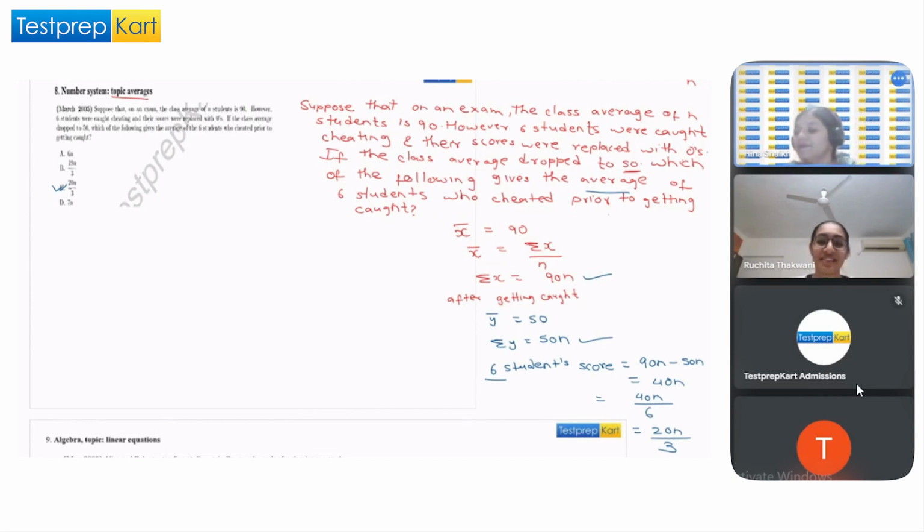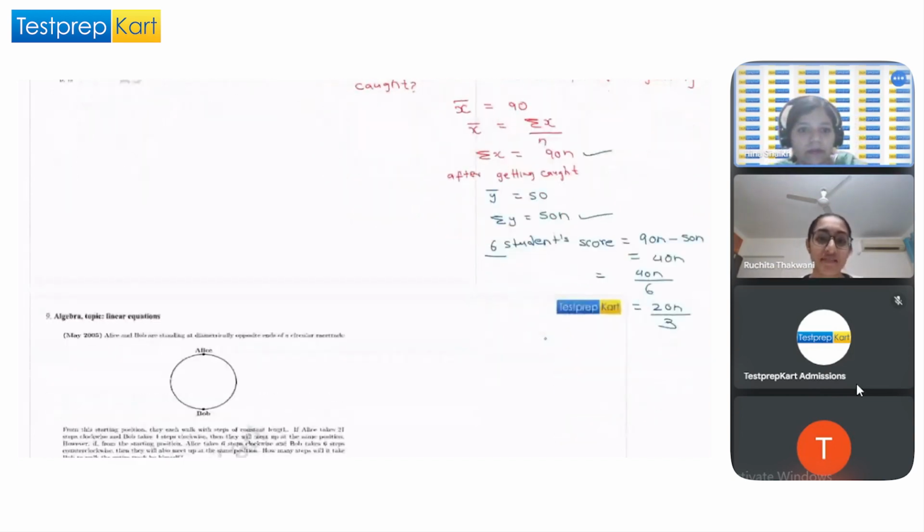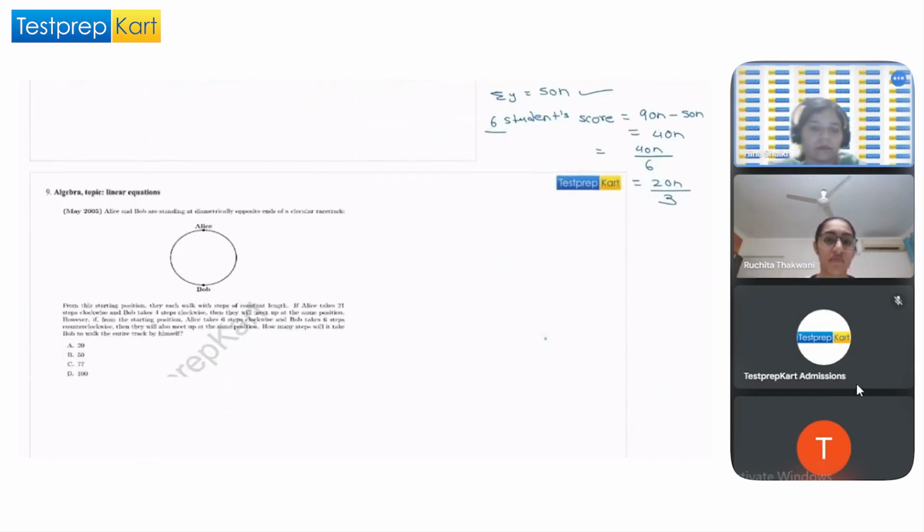Okay, let's go for the next. Now see, Alice and Bob are standing at diametrically opposite ends of a circular racetrack. Now this is a question of logic. From the starting position, they each walk with steps of constant length.